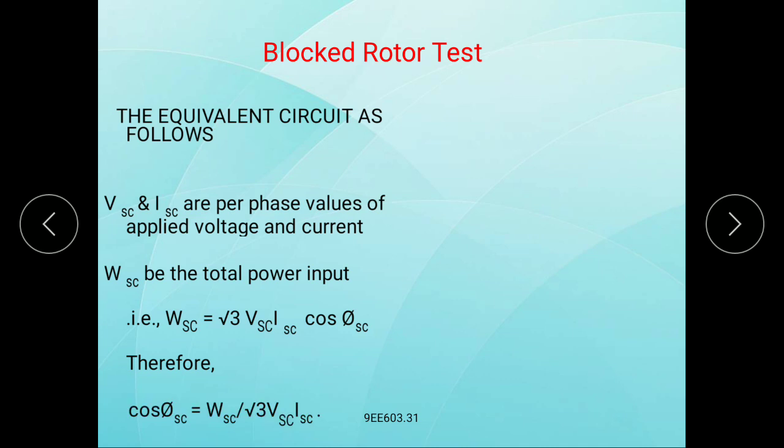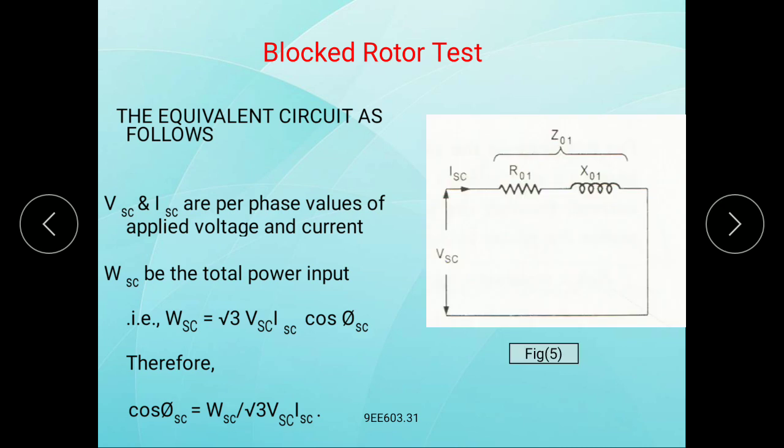Cos phi s is equal to WSC by root 3 VSC ISC. Here R01 and X01 in combination give Z01.